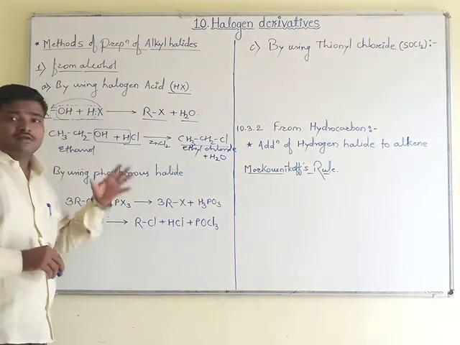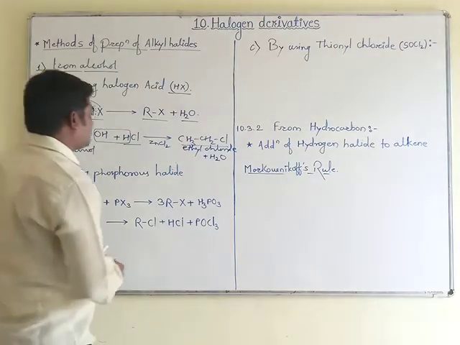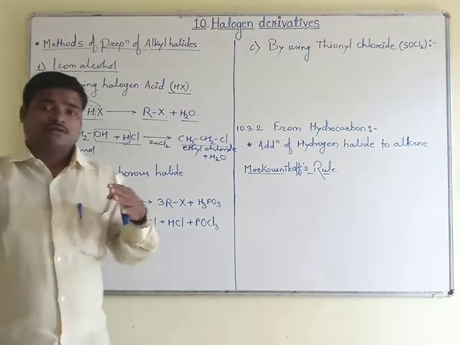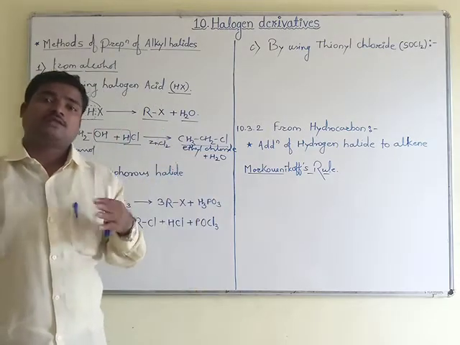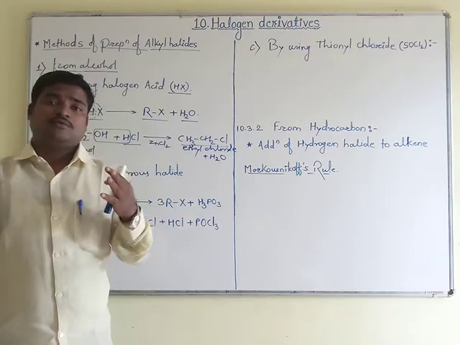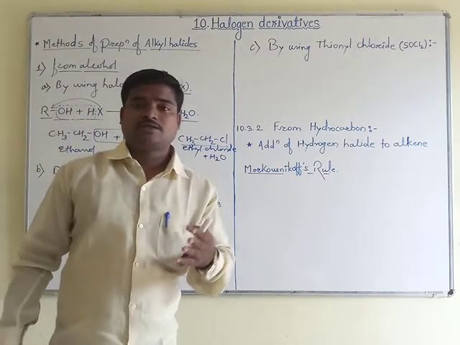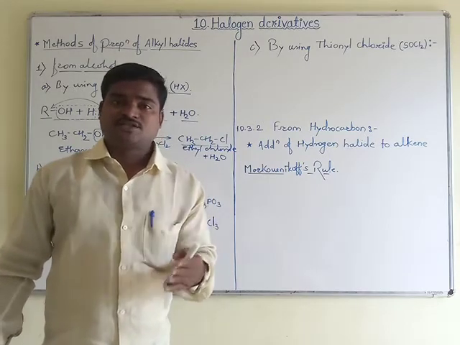And like that, we can also prepare secondary as well as tertiary. But whenever we come across bromides and iodides, again by in situ preparation, for HBr we are using NaBr and H2SO4 as materials by which we can prepare HBr.